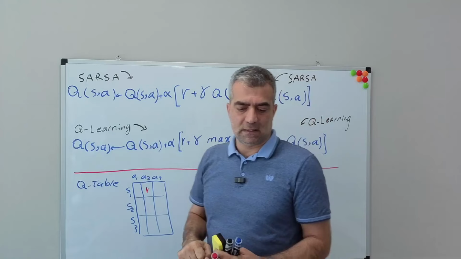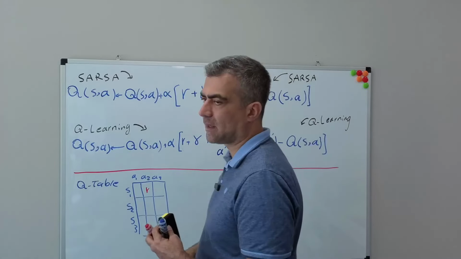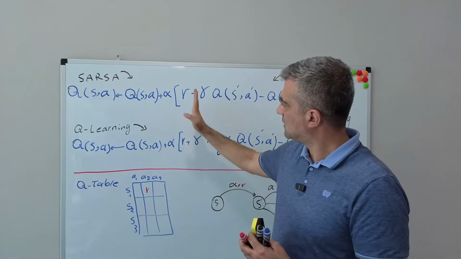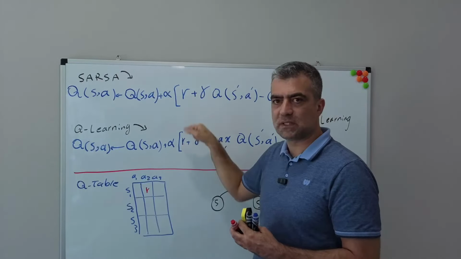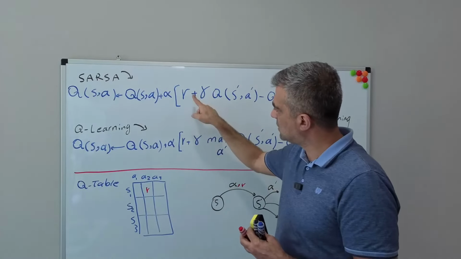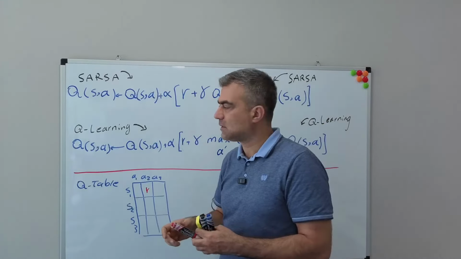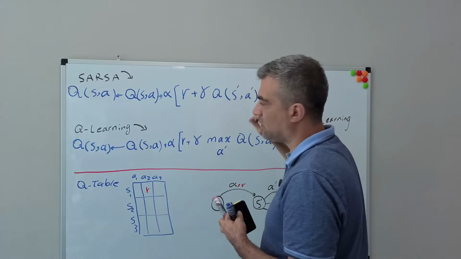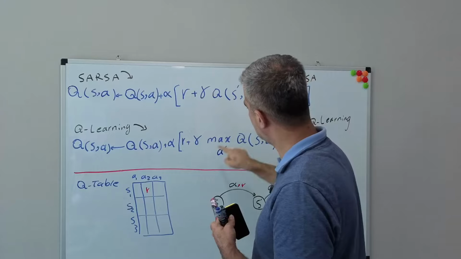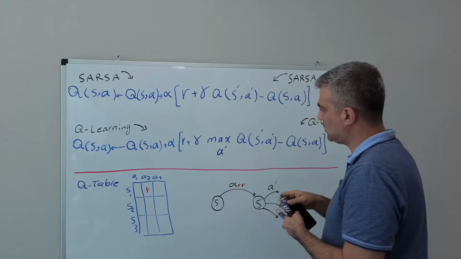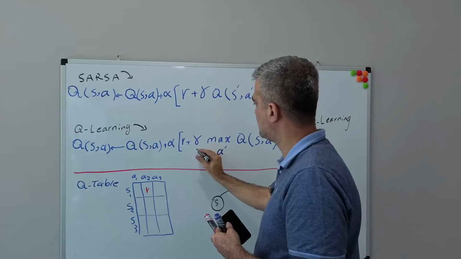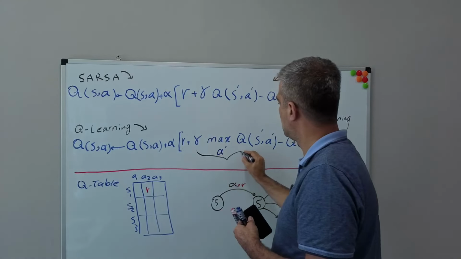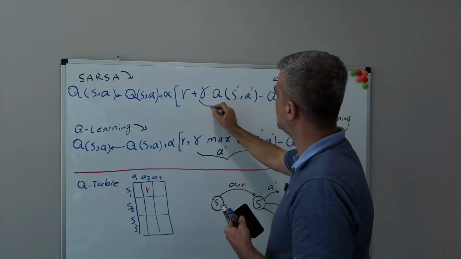Okay. And then I had something else being added to this reward. For now, close your eyes to this. We don't see this and this. These two are different in Q-learning and SARSA.